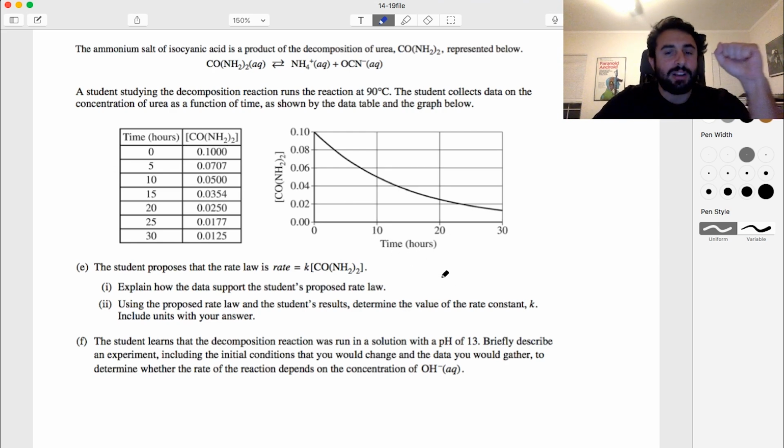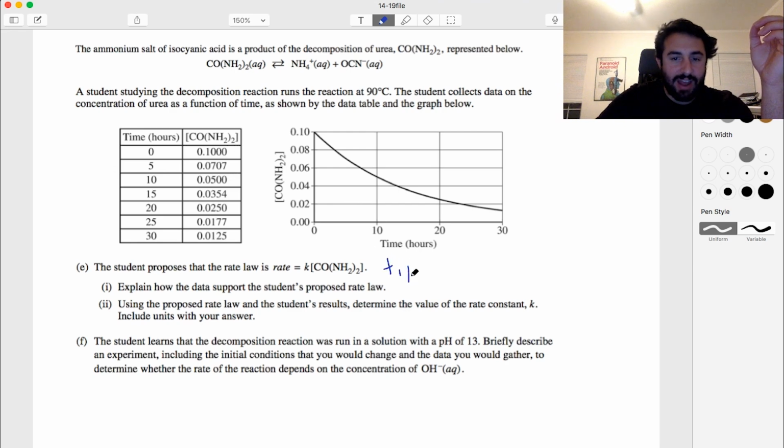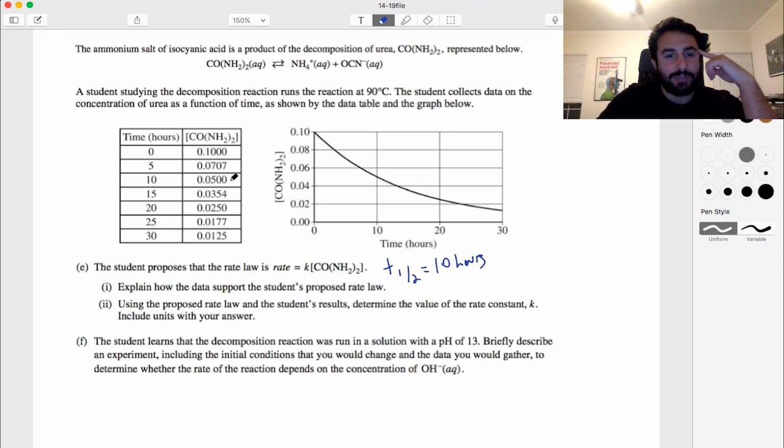So the way we want to look at this, they make this nice and neat for us to get half-lives. So what we're going to notice here is we start at 0.1, and then when do we elapse one half-life? That's going to be after 10 hours, right? So t 1/2 is 10 hours, because after 10 hours we've got half, and then after another 10 hours we have half again. After another 10 hours we have half again.